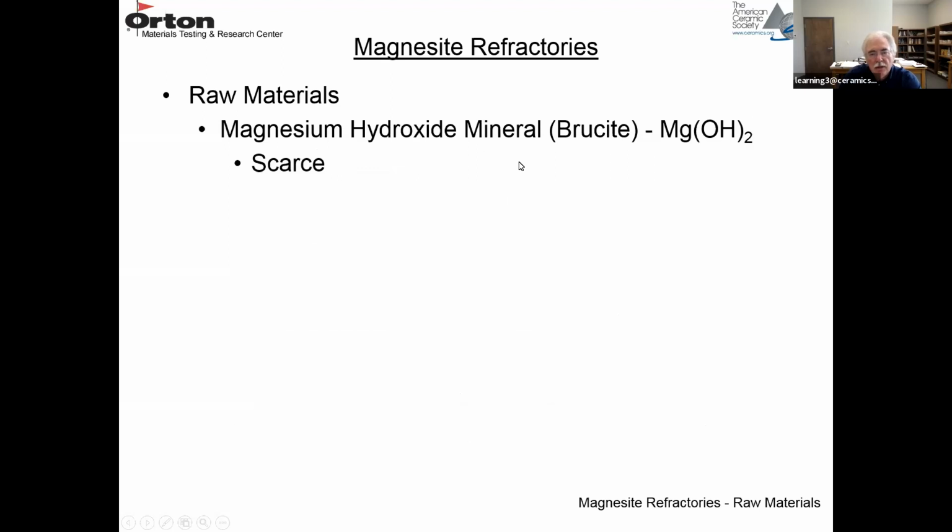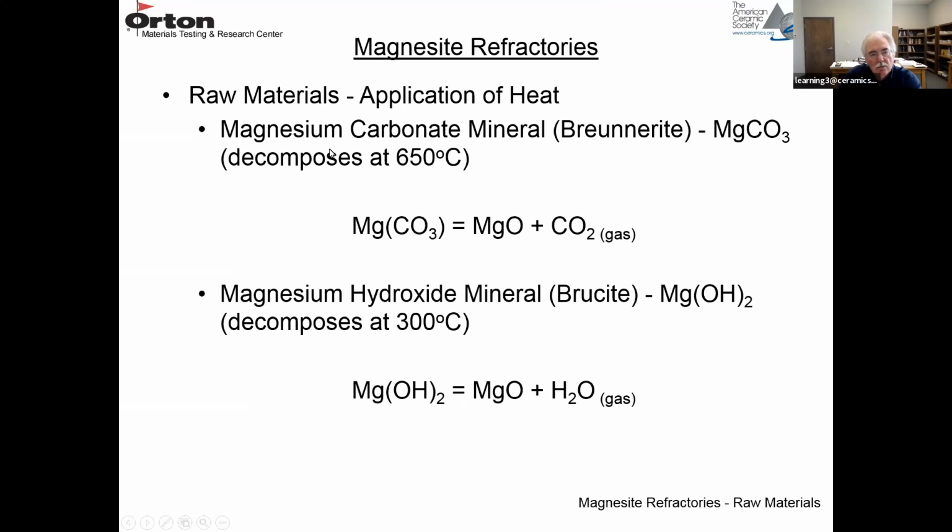Magnesium hydroxide, another mineral, is brucite, that's Mg(OH)2. That's a scarce mineral, so it's not a viable raw material for MgO refractories, but it is a source of MgO. So heating up either one of these materials, the magnesium carbonate, brunerite, MgCO3, it decomposes at 650 degrees C. So MgCO3 yields MgO, and the gas that comes off is CO2.